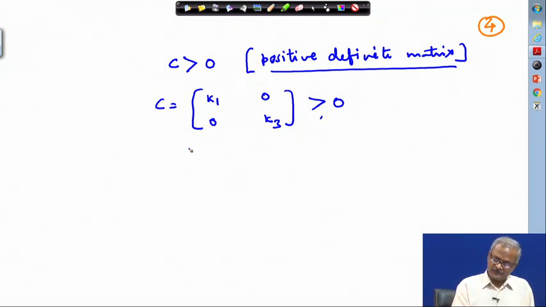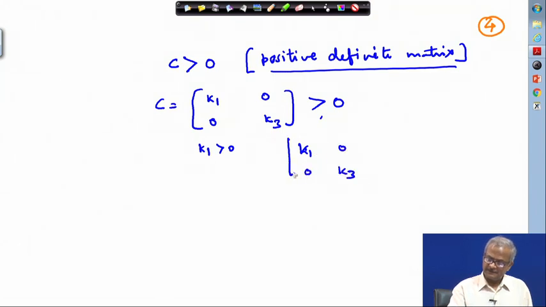For positive definiteness, what is required is that K 1 should be greater than 0, and the determinant of K 1, 0, 0, K 3 should also be greater than 0.